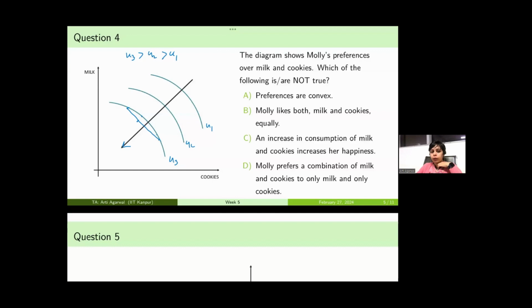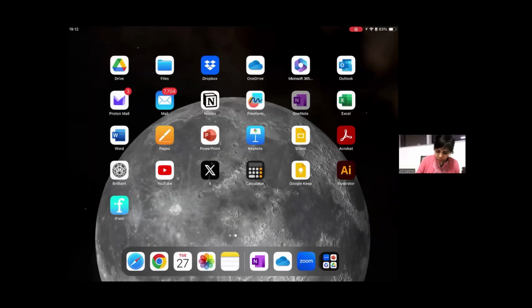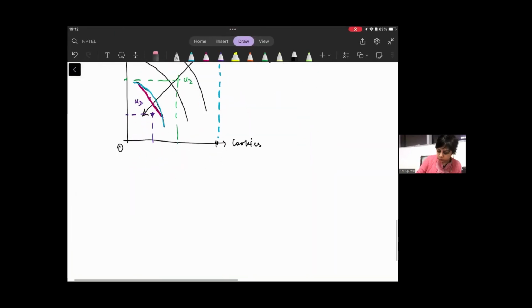So now in this case, we've already just seen in the previous question that when you like both the goods equally, your indifference curve is going to be a straight line, typically with slope equal to -1. So if she did like both the goods equally, then her indifference curves would be something like this.